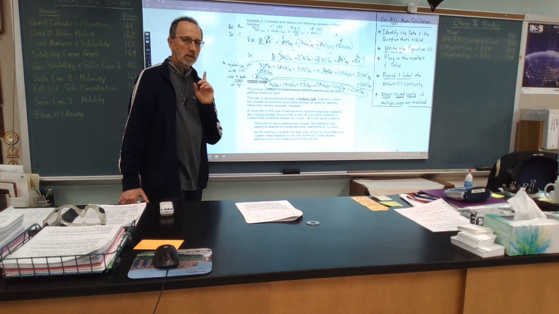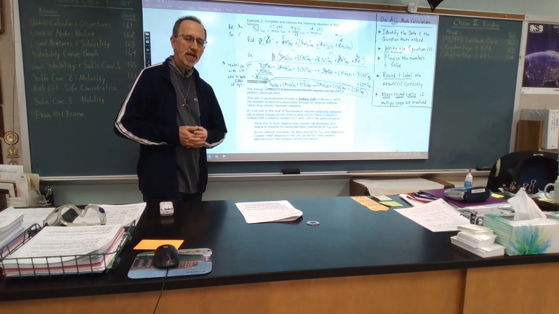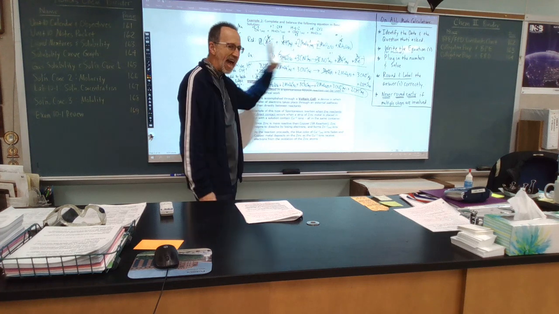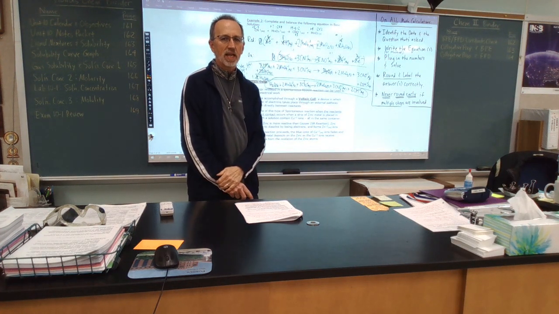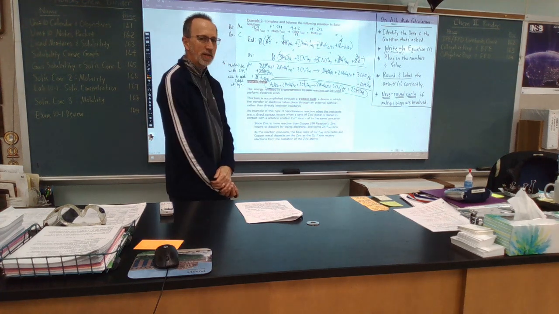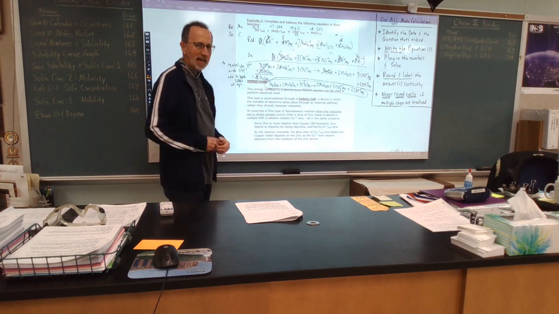So, in closing, when you balance a redox reaction in basic solution, we do the exact same things in the exact same order as if we were balancing it in acidic solution. Do that first. Once we do that, we're going to neutralize our hydrogen ions with hydroxide ions.